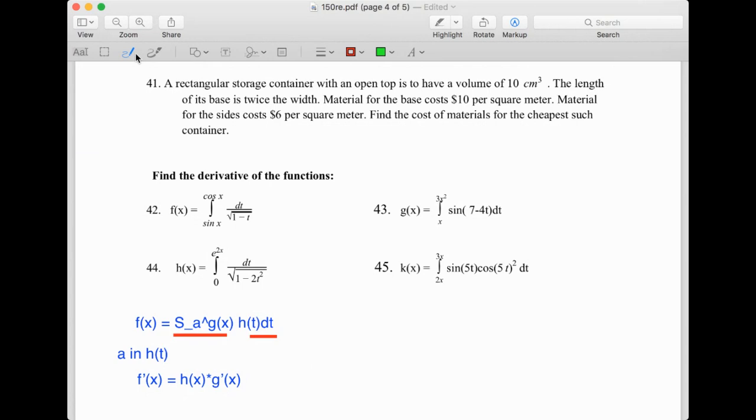Think about this. We're taking the derivative on both sides, right? So we have d dx. Take the derivative on both sides.